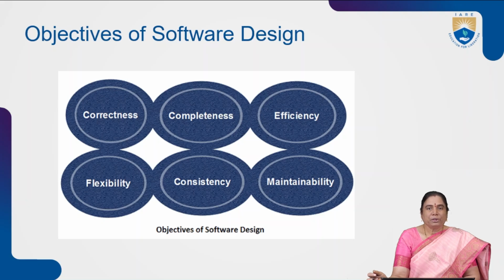The major objectives of software design are generally correctness, completeness, efficiency, flexibility, consistency, and maintainability. So, if these features are in the software design, the scalability and efficiency of the application as well as the performance and security of the application can be greatly increased.